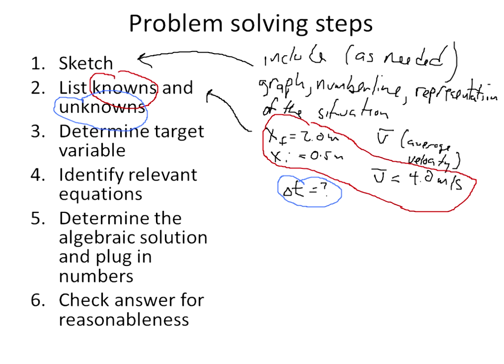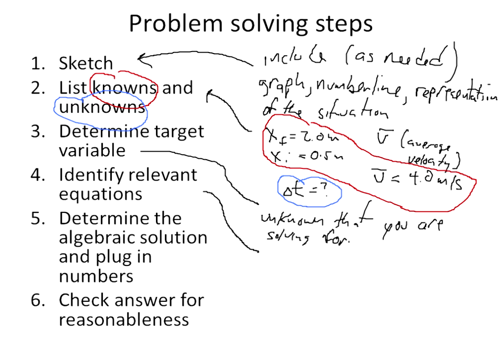The target variable, this is really the unknown that you're solving for. Oops, I almost put an E at the end. It's some sort of a British spelling or something like that. In this case, we only have a single unknown, that I circled in the blue, so there's no ambiguity.